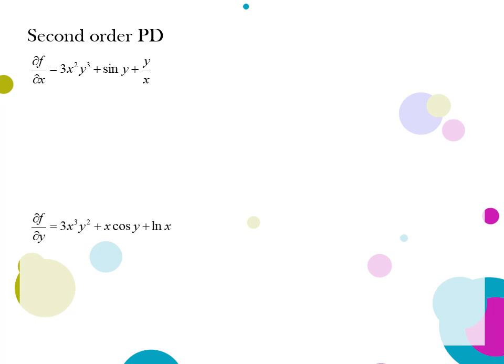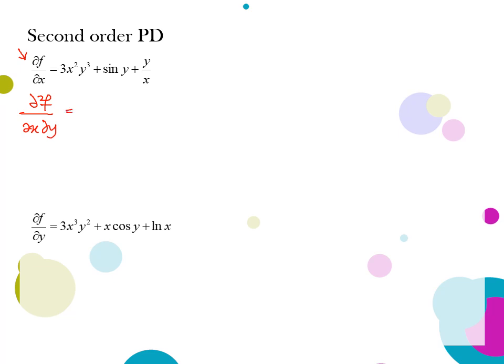Okay, so this is the first order that we got from our first order differentiation just now. When we want to find del squared f del x del y, this is our first mixed partial.